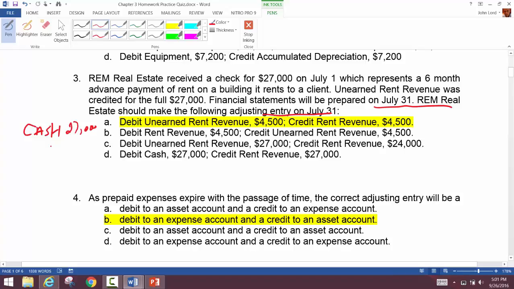What do I credit when I get money in advance of having earned it? Credit unearned? No. Receivable is what I debit when I provide a service and I'm going to get the money later. Here, I've gotten the money in advance, and I haven't earned it yet, so that's an unearned revenue.